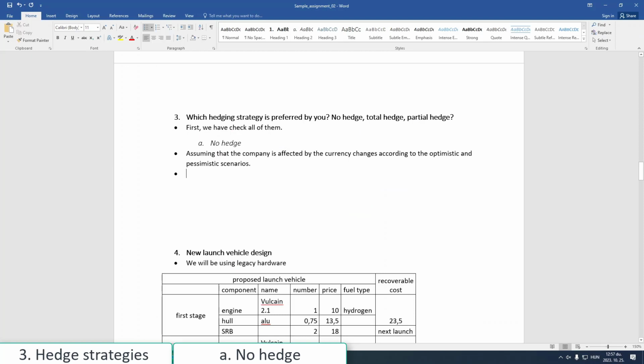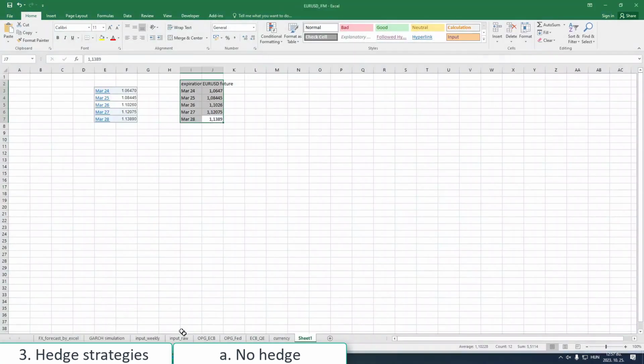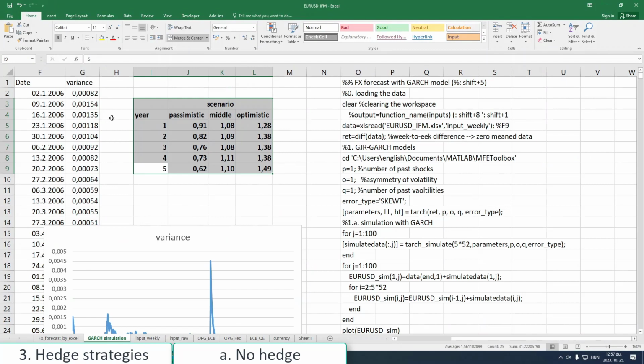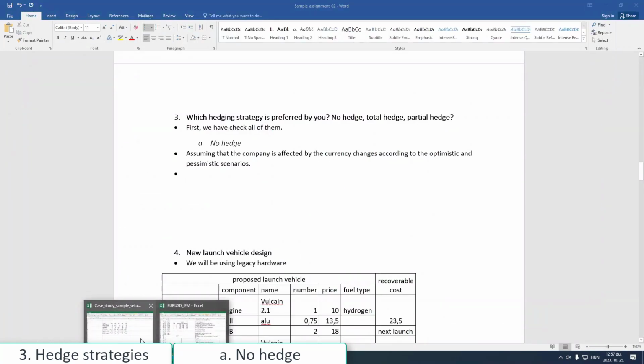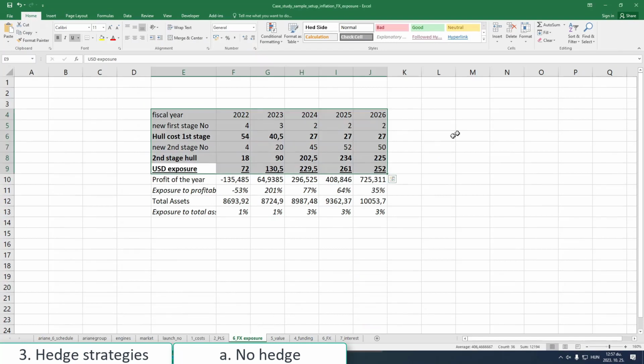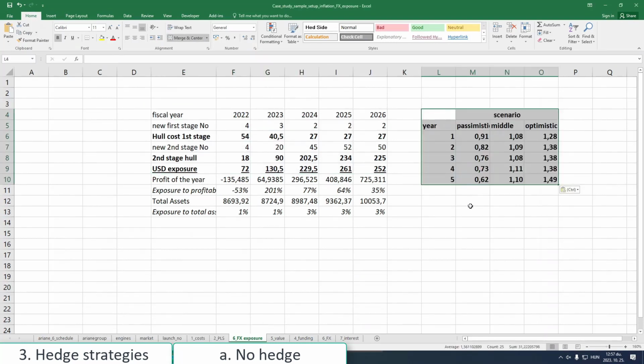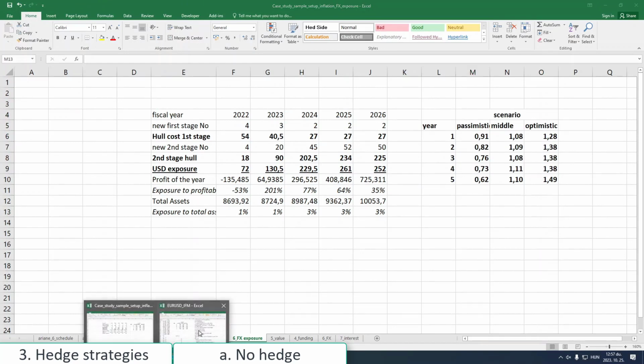Yeah, now we have to modify. So this is where we have the data. Now we just have to integrate all these nice and beautiful things into our own profit and loss statements.